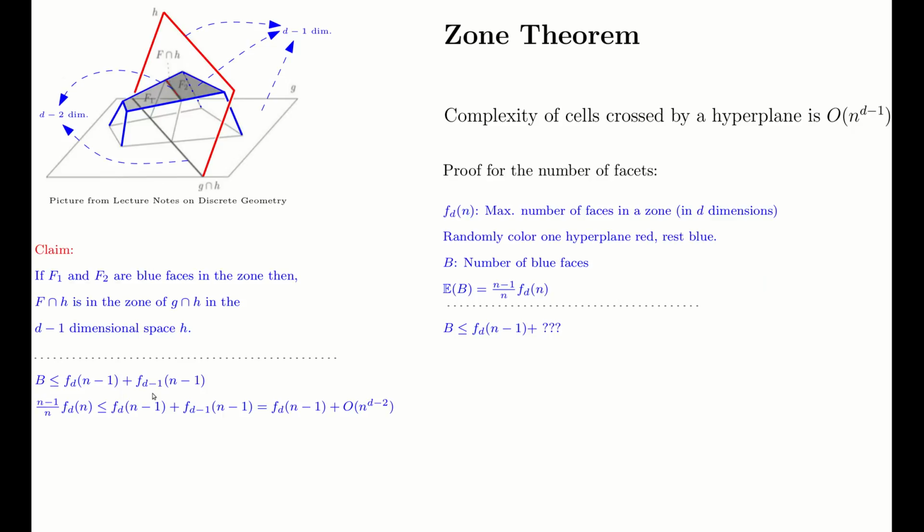If you place this inequality next to this value, we get that since the average value of B is this much and the maximum value of B is this much, it must follow that the average should be smaller than the maximum. Thus we get to this inequality.